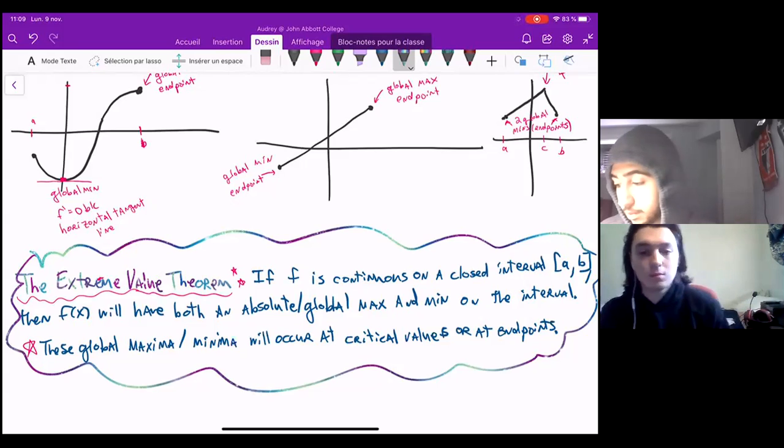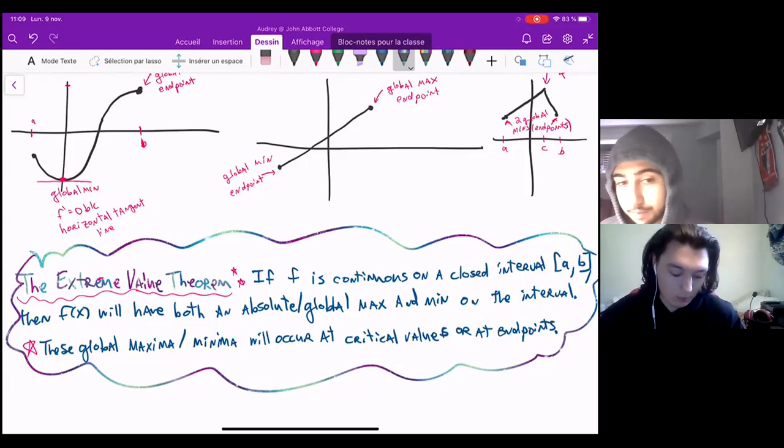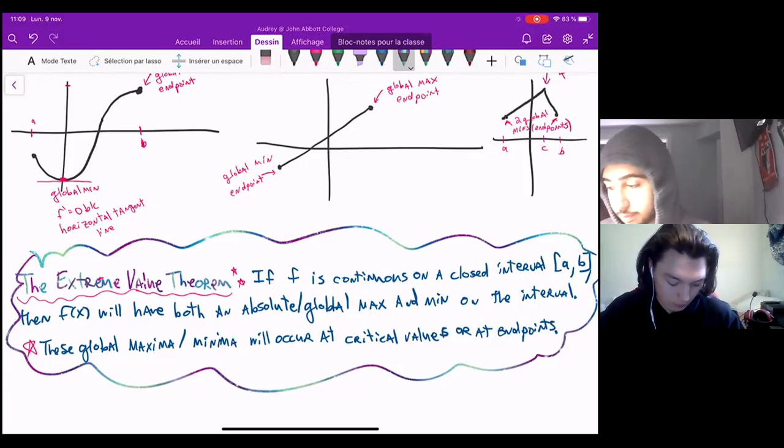So with all of our tests so far, we have guidelines for applying those tests. So we have the theorem and then we have the guidelines.